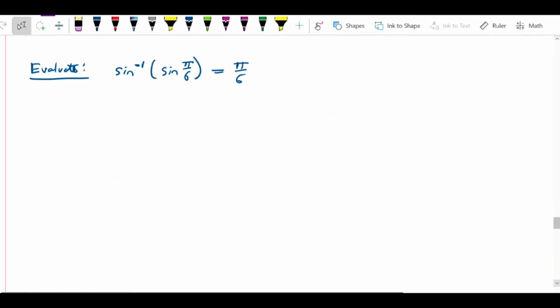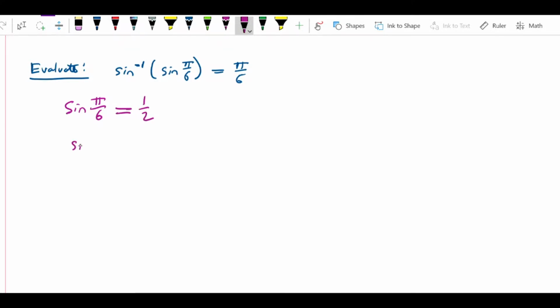Okay, next problem. Let's evaluate arcsine of sine of pi over 6. I put in here what the answer is. The answer is pi over 6, but it would be a mistake to assume that you can simply read the answer off just because arcsine and sine are inverse functions of each other, and I'm going to show you why. Let's work from the inside out. We know that sine of pi over 6 is equal to 1/2.